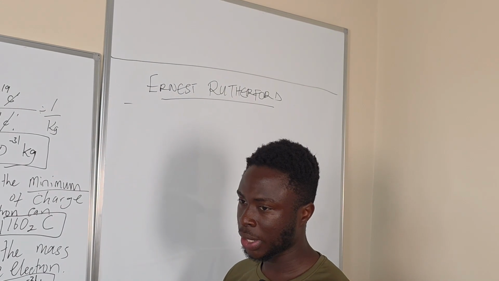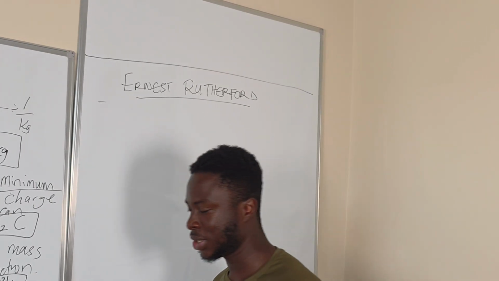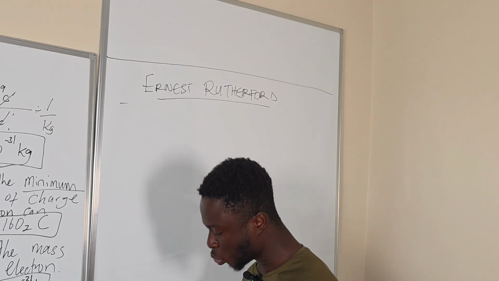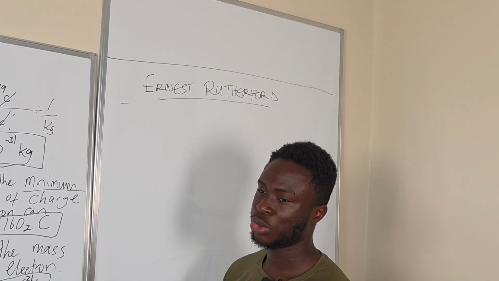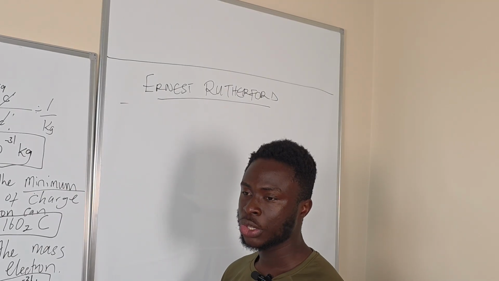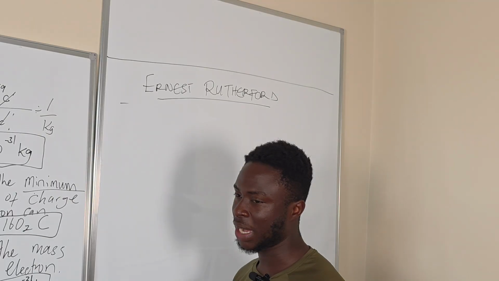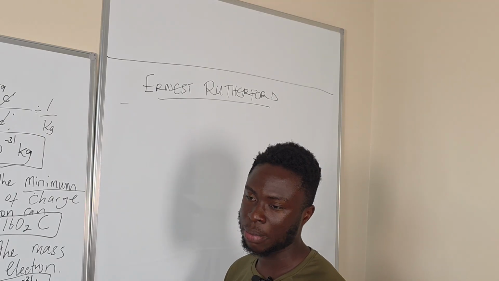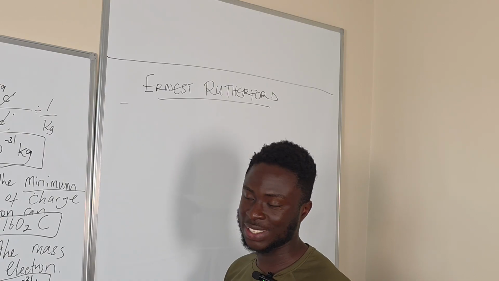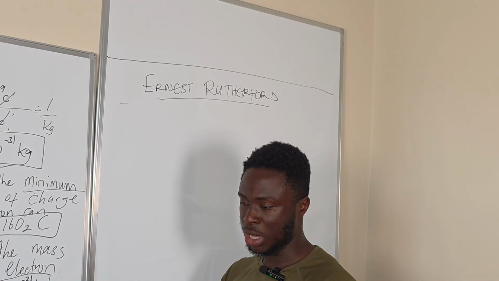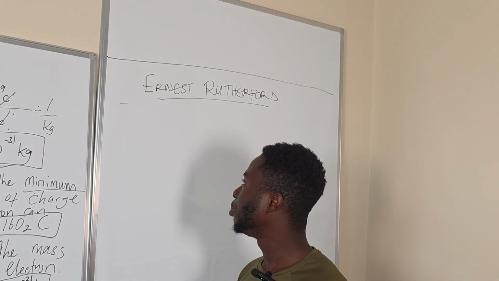So then he went to work, he and his students, James Chadwick. What they did was they also tried to find a way to figure out if an atom is made up of more than just electrons stuck in a dough of positive charge.